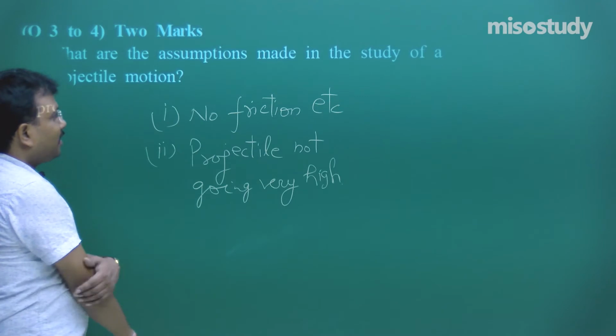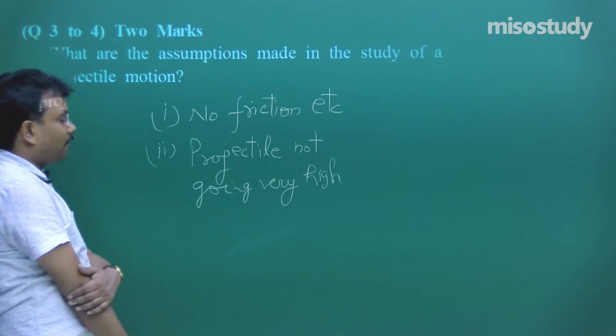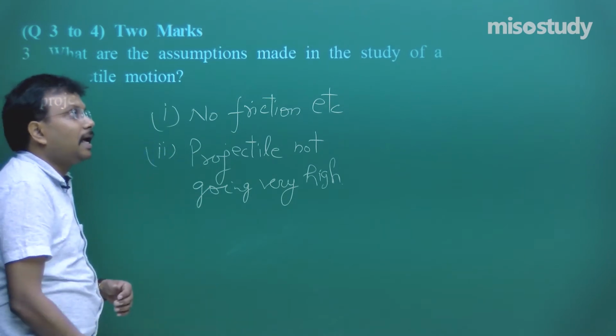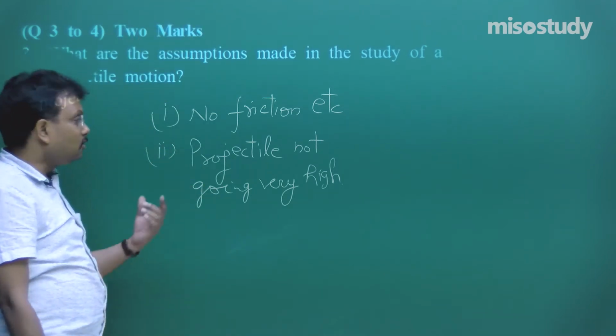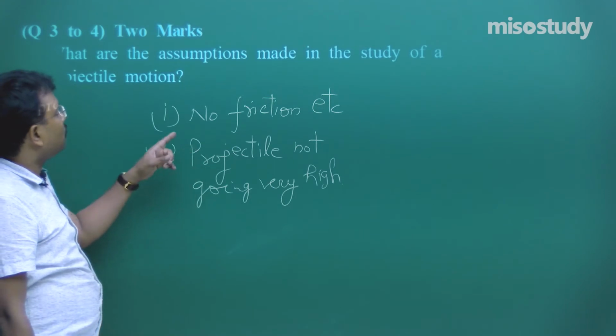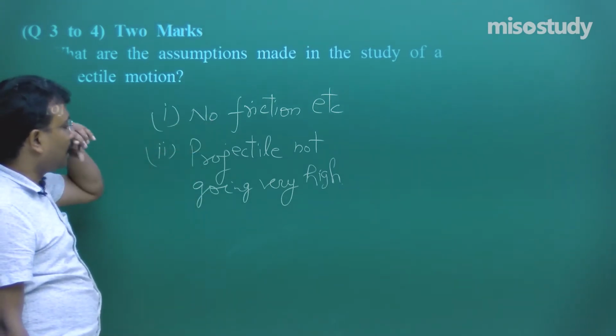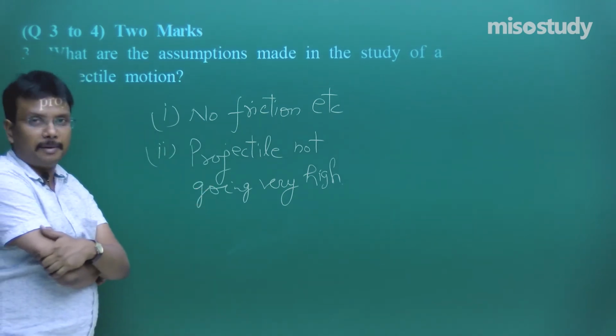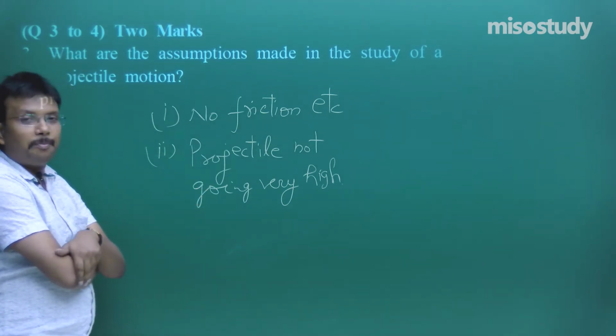So basically this way you can define the projectile motion. If I am throwing any object upward or downward, there are no 2 velocity components. So these 2 assumptions, that as such no frictional force is present. Let us say for example I am playing badminton or tennis and intense wind is blowing.